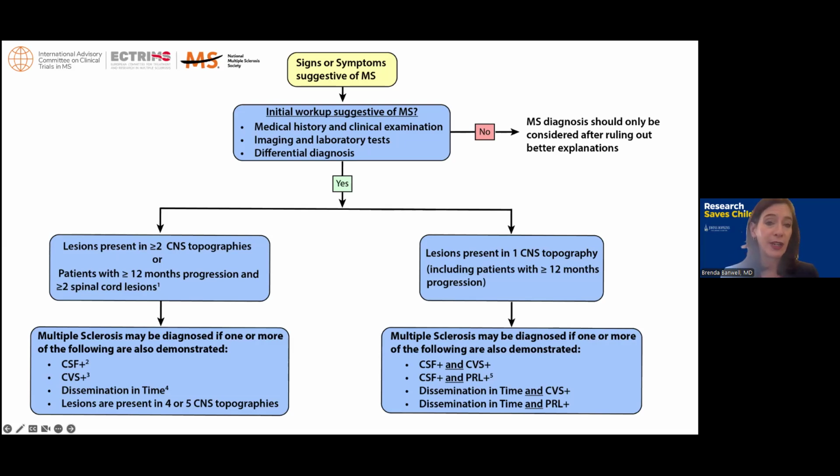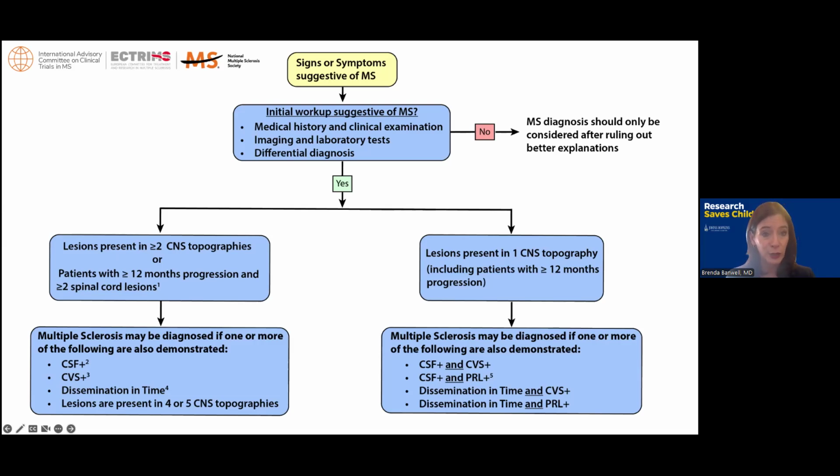And then we follow the diagnostic algorithm, which indicates that if someone has two or more lesions that hit two or more of the recognized 5 topographical regions, and have either one of those 2 more biologically relevant findings, so the central vein sign or paramagnetic rim lesions, or if they demonstrate dissemination in time, which means they could have a second event, or if you're making the diagnosis at the first event, do they have both enhancing and non-enhancing lesions?